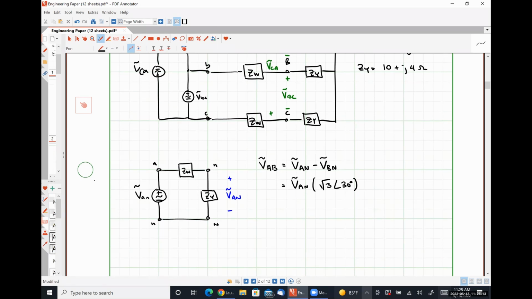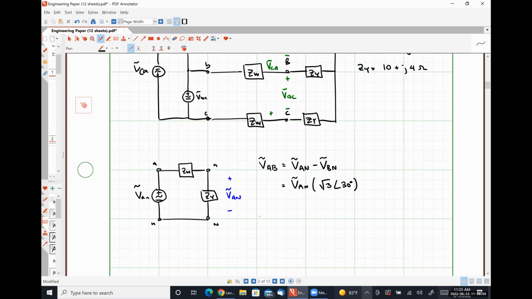Well, that's going to come from our single phase equivalent circuit. Right? So I would argue, looking at this circuit, that's a simple voltage division relationship. Right?